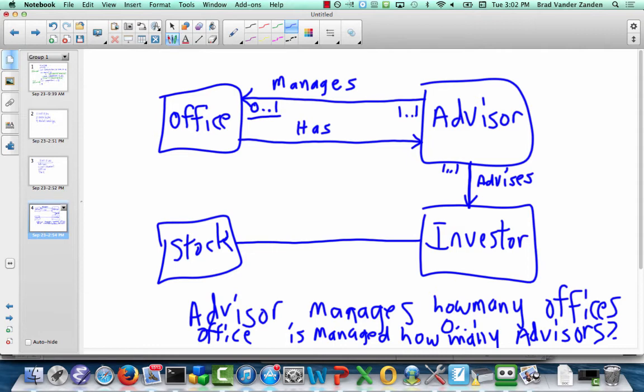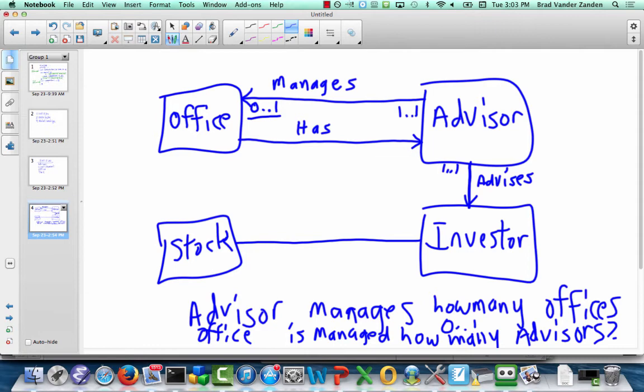Although the fact is in A, it said advisors who service clients. That's kind of already implying that it should be in the direction I show you there, that an advisor is probably going to advise multiple investors. So A has a hint of which way the arrow goes.